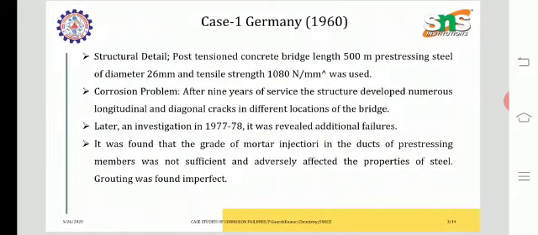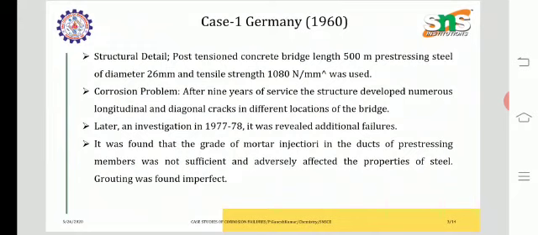From the late 1960s, case 1 is discussed. The structure is a post-tensioned concrete bridge, 500 meters in length. Pre-stressing steel of diameter 26 mm and tensile strength of 1018 Newton per millimeter square was used.